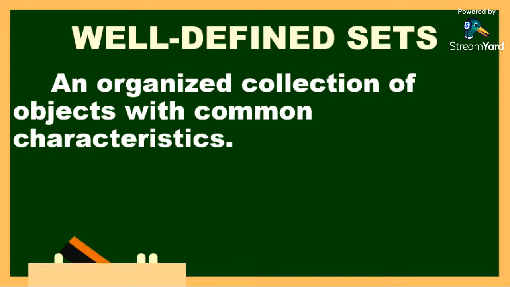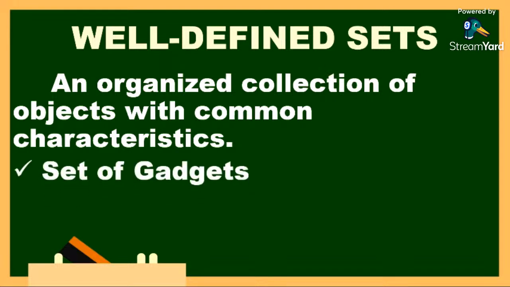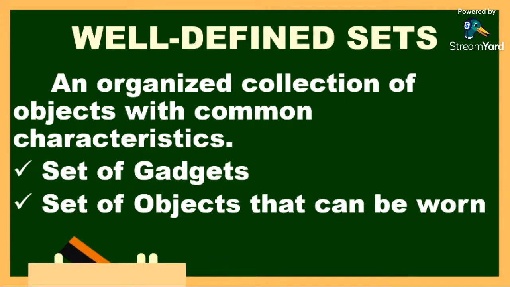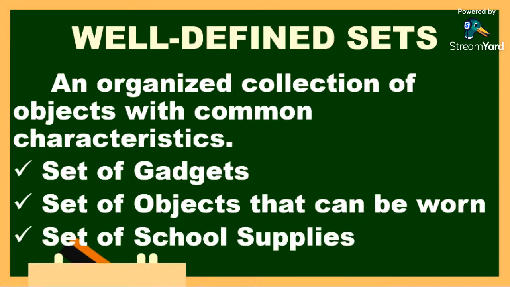Halimbawa po niyan ay set of gadgets. So, sa set of gadgets, meron tayo doong elements na cellphone, laptop, at camera. Alam naman po natin na yung tatlong objects na yon ay gadgets. So, ang set of gadgets ay isang halimbawa ng well-defined sets. Another example is the set of objects that can be worn and set of school supplies.